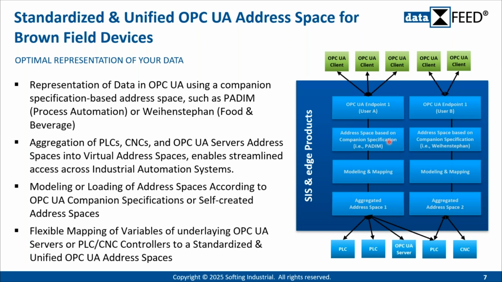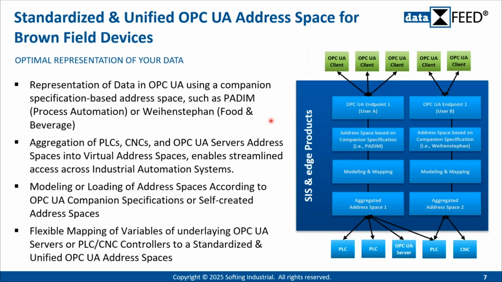So this is my approach to have the best integration of brownfield devices into a modern UA world. Aggregate everything, map this to a standard, independent of whether it's in this case PADIM or an own defined standard. Maybe bigger companies have their own defined standard. And then provide it via a standardized address space to the clients.